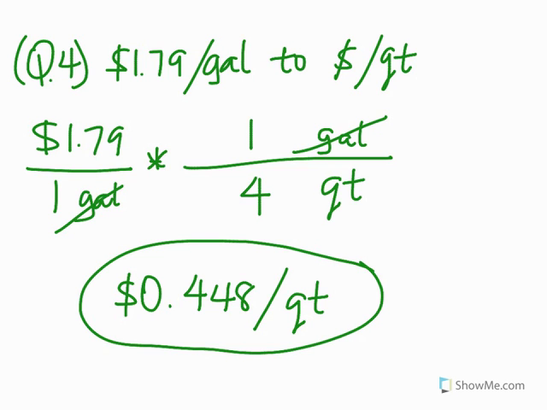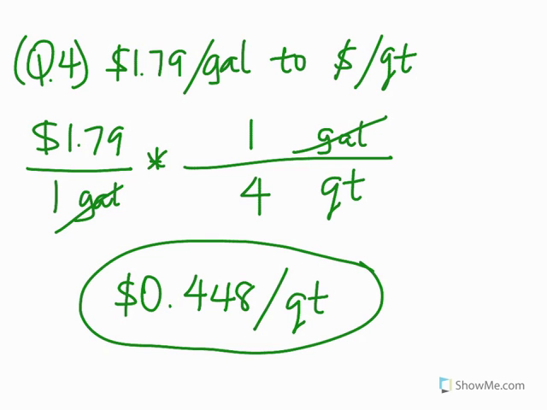If you look at this question, the answer we got, which is about 45 cents per quart, kind of makes sense, right? Because 4 quarts make a gallon, and a whole gallon is $1.79. When you multiply 4 quarts by 45 cents, it's approximately $1.80, very close to $1.79.